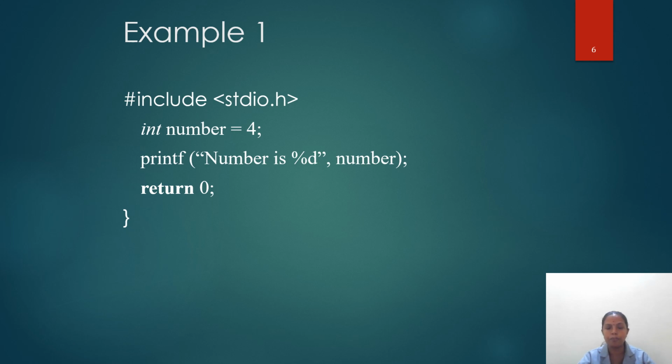Now we're going to print the value 4 of the variable n. We're using the printf function, and %d is a control string, the format specifier, to print the value for the integer data type. So the output is: the number is 4.